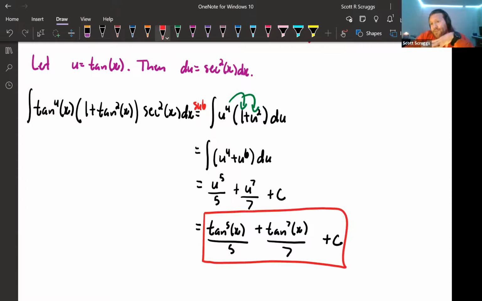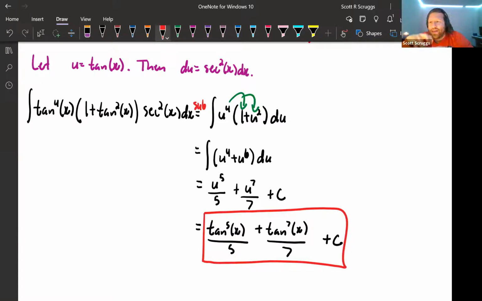So to recap on this particular case, if I have a tangent secant integral, and if the power with secant is even, I'm going to take away a secant squared term, marry it with the dx, because that's going to be my basis for du.